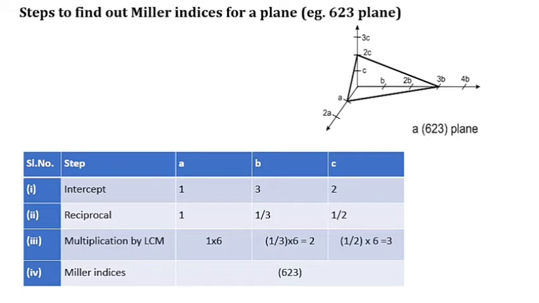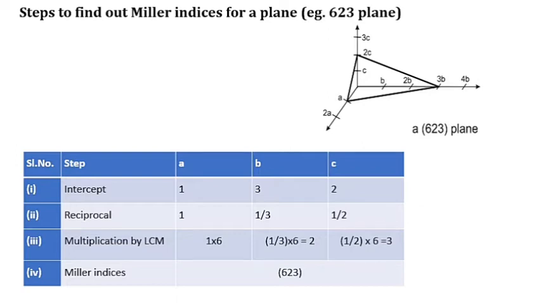First step is to draw the plane along the x, y, z axis, find out the intercepts, then find out the reciprocal of those intercepts, then find out the LCM and multiply by that LCM, and we will get the Miller indices. All the Miller indices must be inside the bracket. So, this is the way to find out Miller indices for a plane.